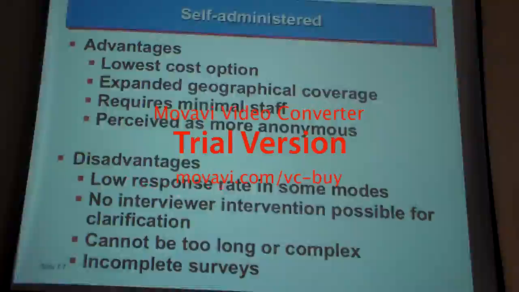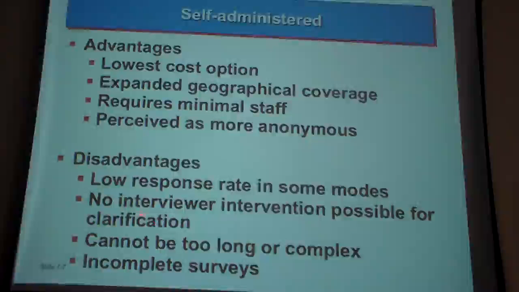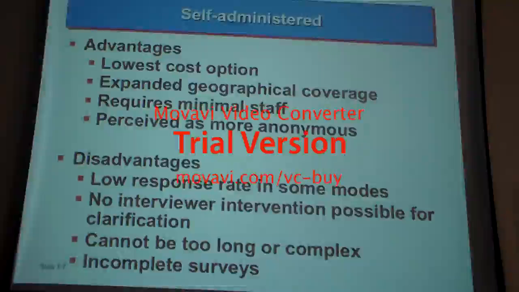Disadvantage: it is a low response rate in some modes. You are not sure if he will read the email or receive the mail and respond. No interviewer intervention is possible for clarification. If something is understood in a different way, there is no way for clarification, because he's away.